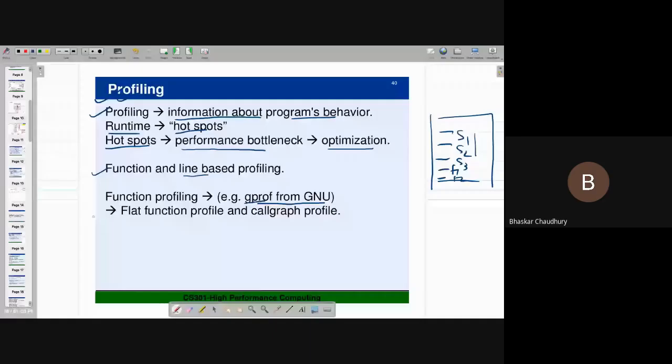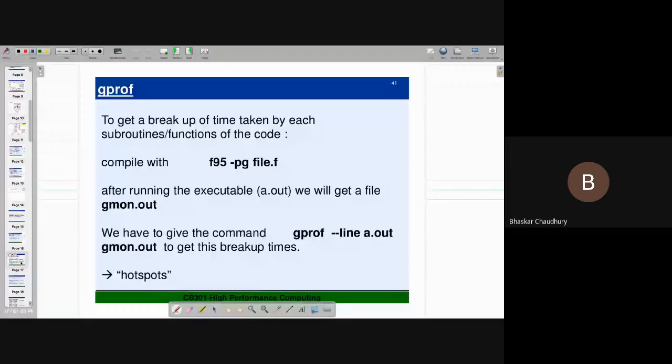The output of a profiler shows you the breakup of time taken by each subroutine or function of the code. If you are using a C code, you can just replace this F90 with GCC.